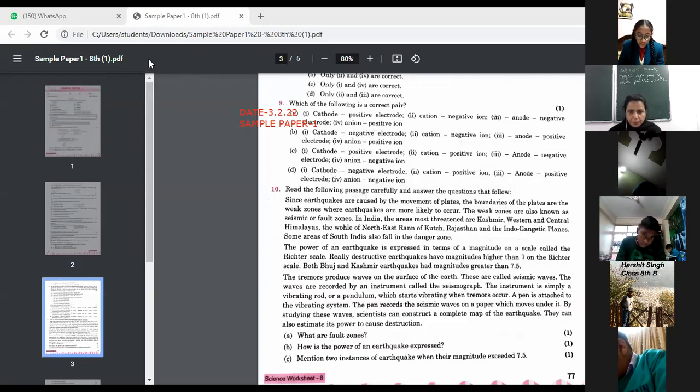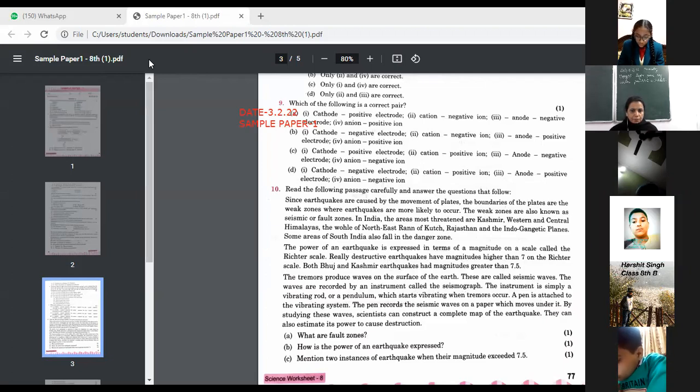Some areas of South India also fall in the danger zone. The power of an earthquake is expressed in terms of a magnitude on a scale called the Richter scale. Really destructive earthquakes have magnitudes higher than 7 on the Richter scale. Both Bhuj and Kashmir earthquakes had magnitudes greater than 7.5.